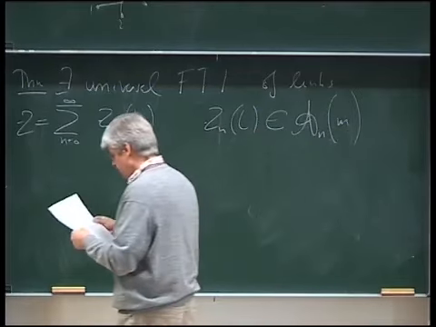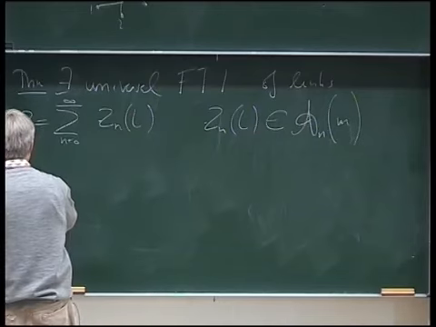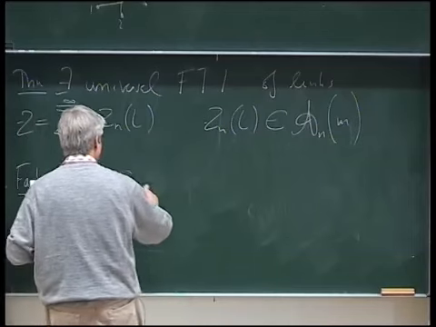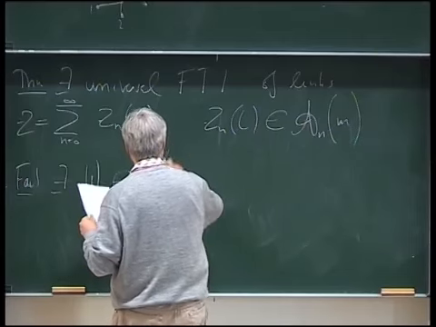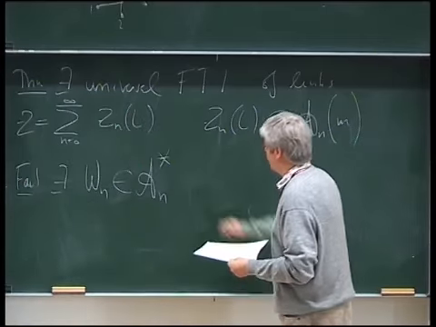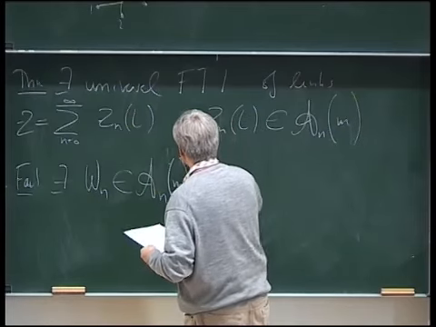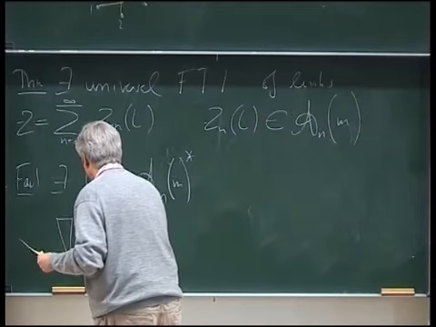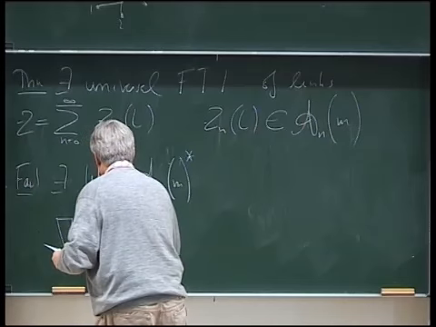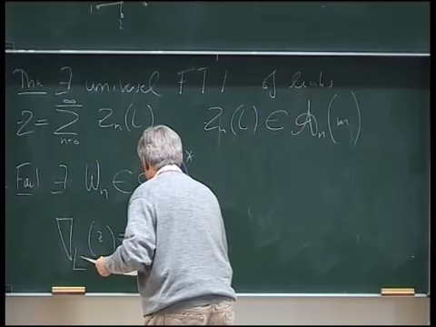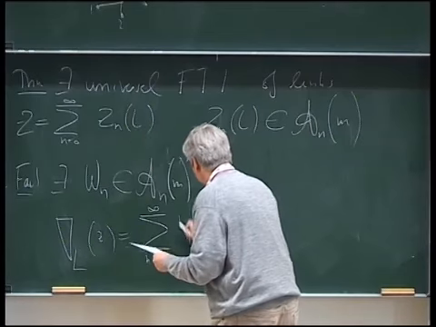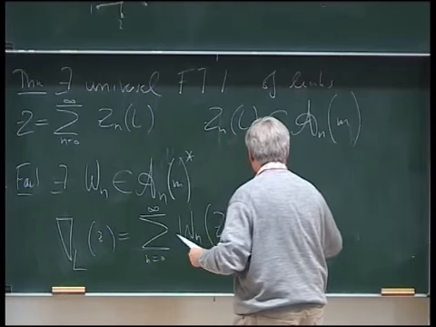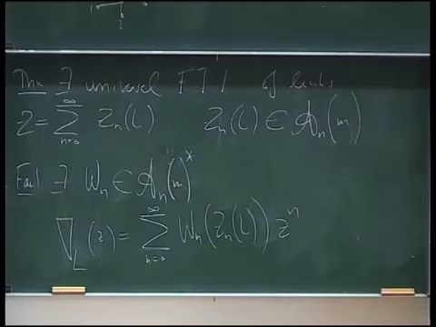And then the corollary of this is that there exists a linear form Wn. This is just a linear form on this space An, so I write it like this, In of M dual, such that nabla L of Z is just the sum, n equals 0 to infinity, of this Wn applied to this Zn of L. Is that a number or a polynomial?